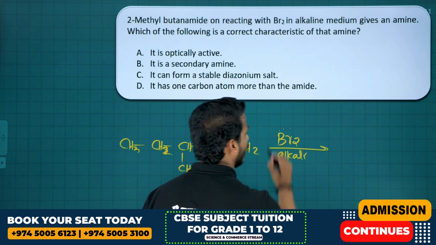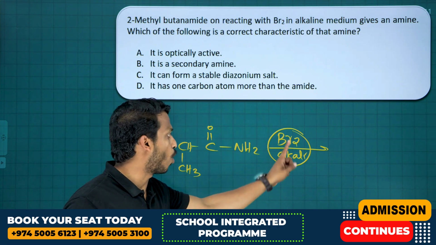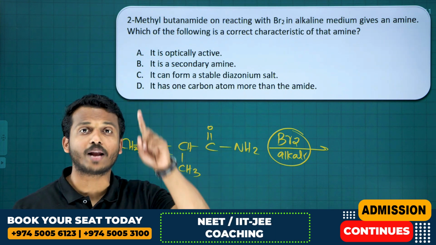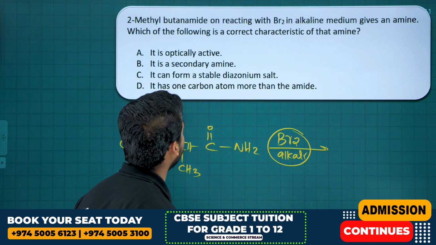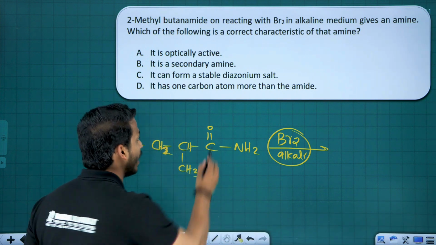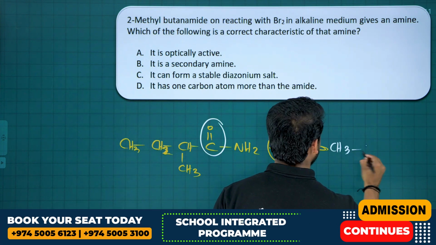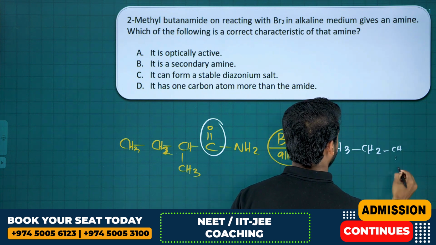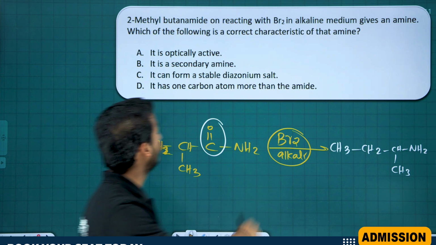What is this reaction? An amide reacting with bromine and alkali is our Hoffmann bromamide degradation reaction, in alkaline medium giving an amine. How do we write the product in Hoffmann? Just cut the CO group. What is left is CH3, CH2, CH, CH3, NH2. You are getting butan-2-amine.